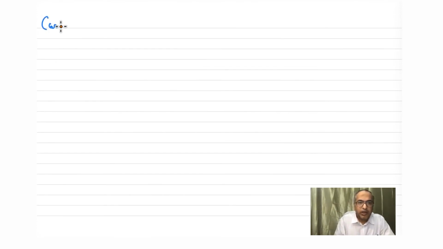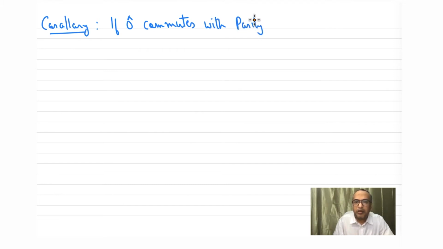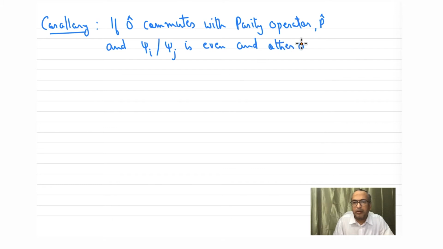So let's say I have a corollary based on rules of symmetry which says that if operator O commutes with parity operator P, and psi i and psi j are such that one is even and the other one is odd, then I goes to 0.